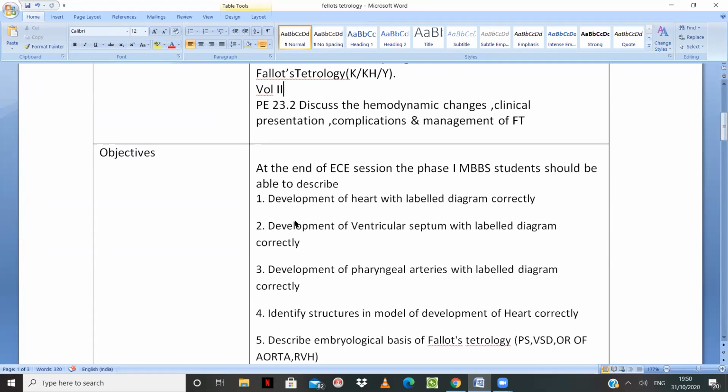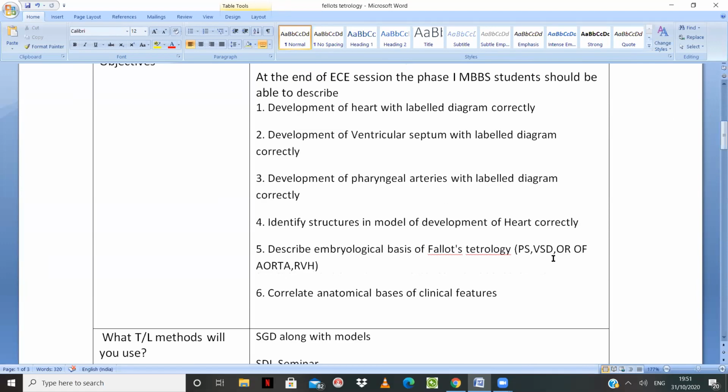should be able to describe development of the heart with a labelled diagram correctly, development of the ventricular septum with a labelled diagram correctly, development of pharyngeal arteries with a labelled diagram correctly, identify structures in the embryological model of the development of the heart correctly, describe the embryological basis of Fallot's tetralogy, the 4 components of Fallot's tetralogy, that is pulmonary stenosis, ventricular septal defect, overriding of the aorta, and right ventricular hypertrophy, and correlate the anatomical basis of the clinical features.